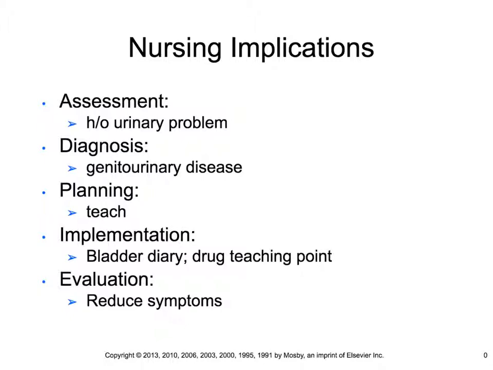We're going to have the patient keep a bladder diary, how many times they use the bathroom and the symptoms associated with it, as well as do any drug teaching points, such as if the patient is taking Pyridium, we want to educate them that their urine is going to turn that red-orange color. And then evaluation, we want to make sure that the medication is reducing symptoms, but also they need to understand it may take weeks to months.